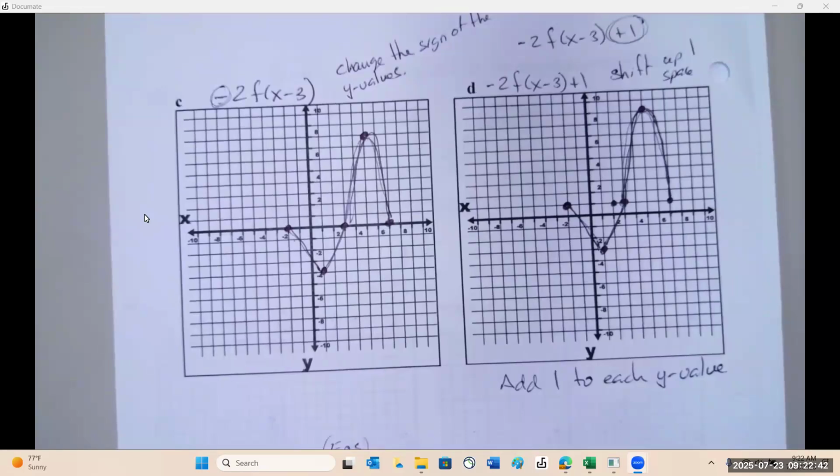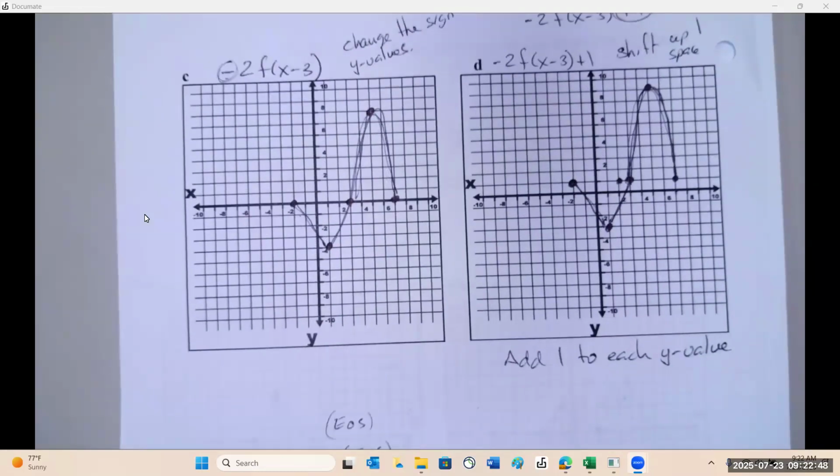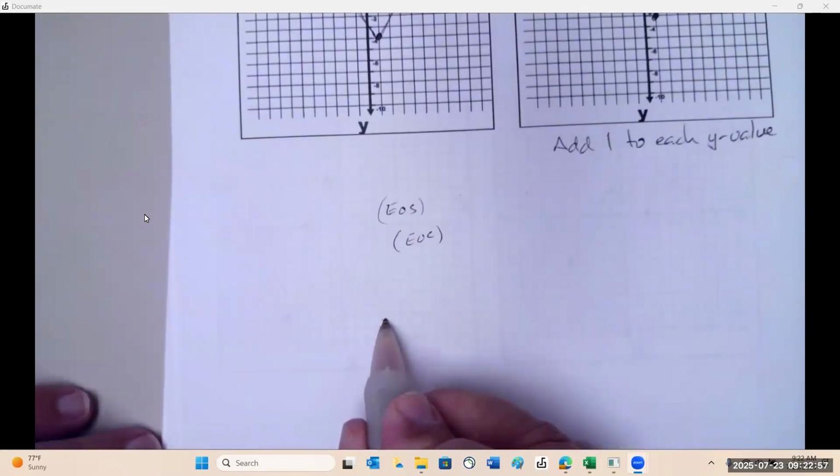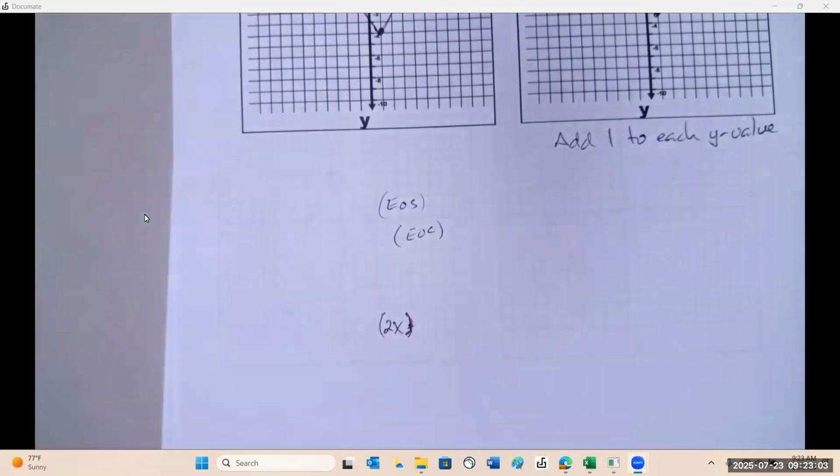I didn't really understand why we divide the x value when it's multiplying. Because for the horizontal, anything that happens inside is opposite. Let's just look at that.